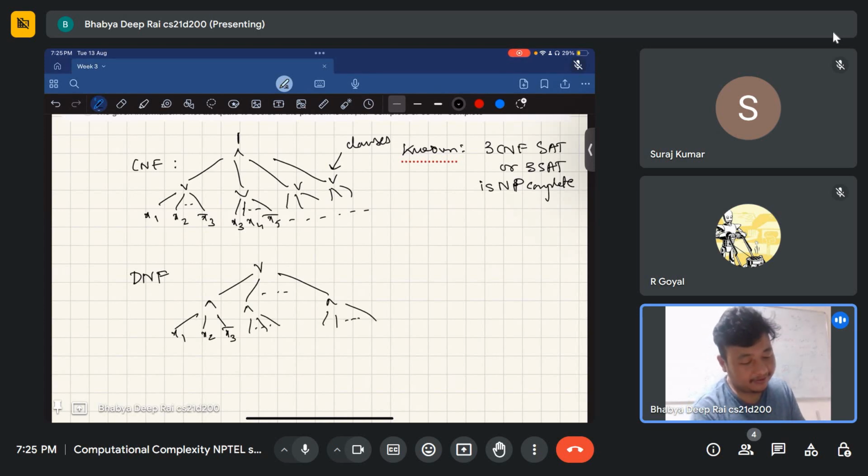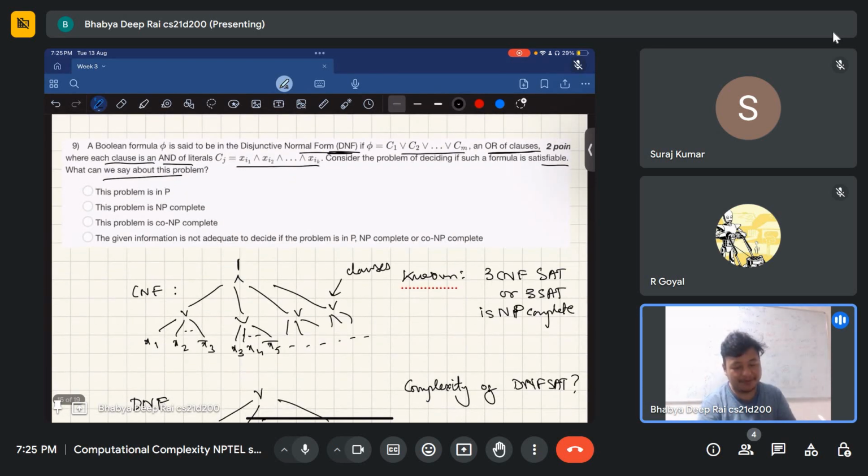So the question is asking, what is the complexity of DNF SAT? That is what it's asking, right? Now, the problem is in P, the problem is NP complete. Is it co-NP complete? The given information is not enough.